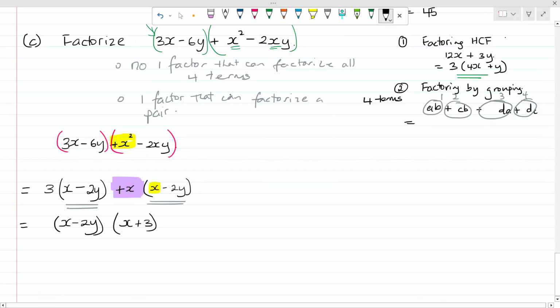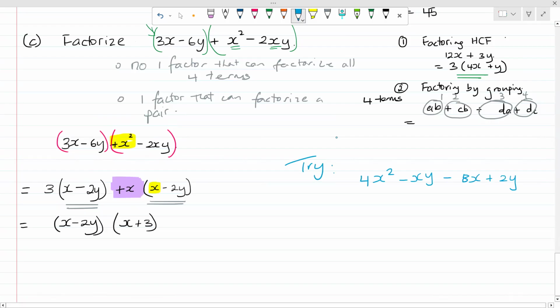Let's try one quick one fast. So try for me: 4x squared minus xy minus 8x plus 2y.